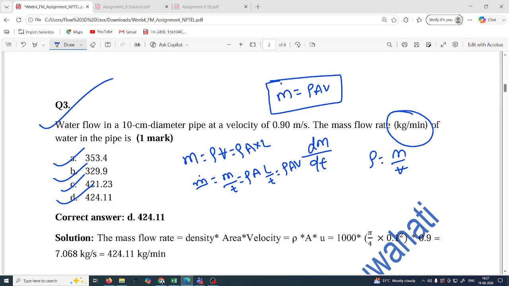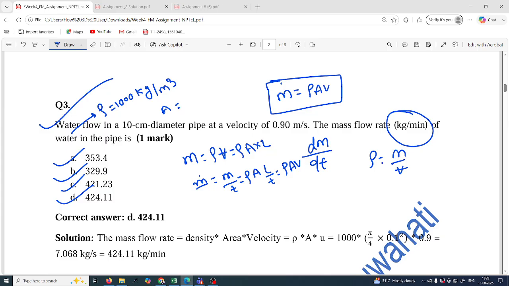So yes, option D is correct, but how is it correct? Here is how we calculate. The fluid is water, so the density is already well known: 1000 kg per meter cube.